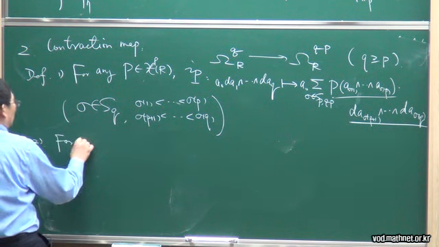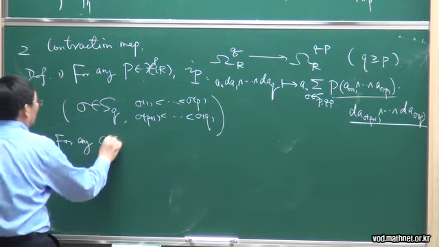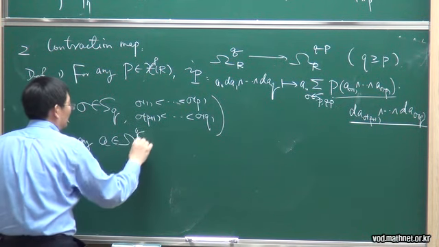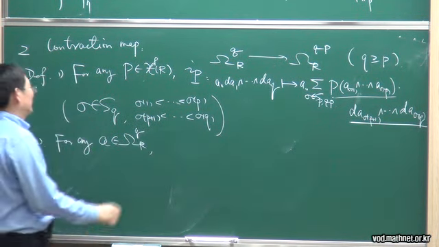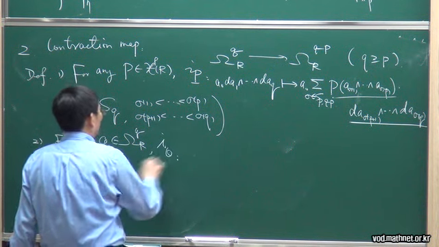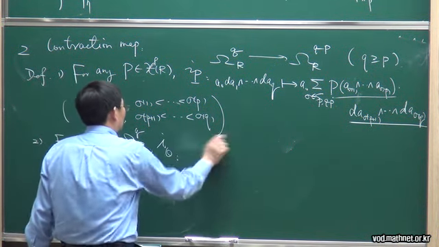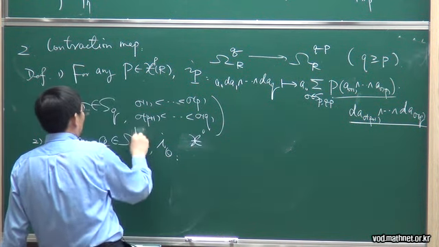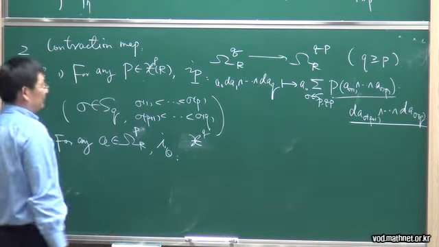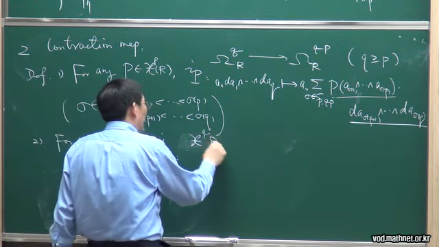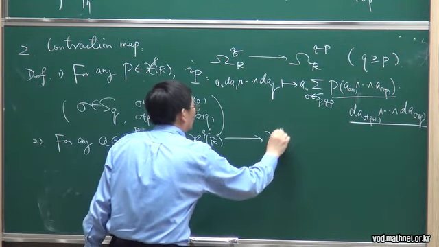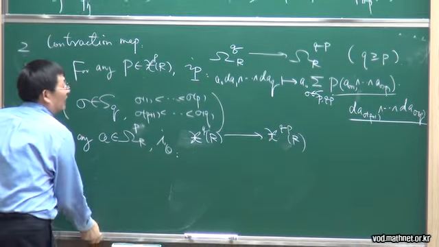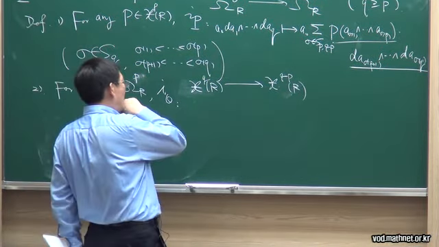And for any Q forms, we can also define a contraction map from Q forms to Q minus P forms in the following way.